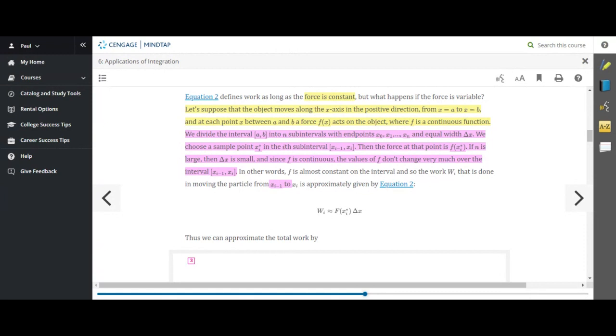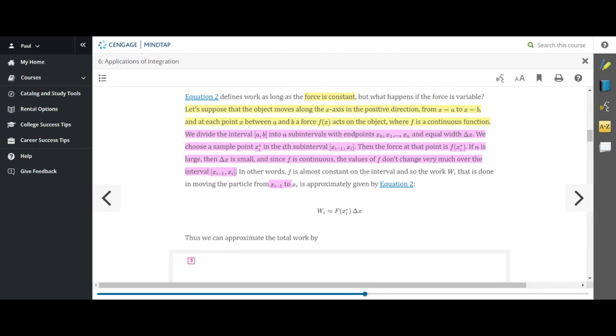You just saw that in the whiteboard. We can divide the interval from A to B into n subintervals, each subinterval having equal width. Okay, and then we can choose a sample point in each subinterval and compute the force at that point. If n is large, if you take a lot of subintervals, then delta x is small. And since our function is continuous, the values of the force function don't change much over the subinterval.